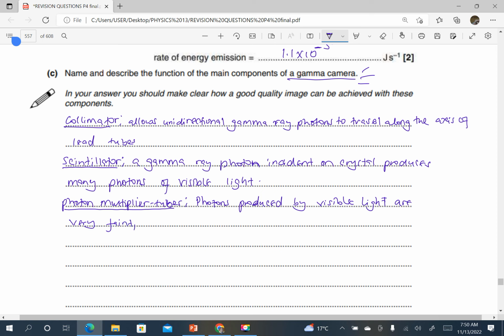They need to be amplified and converted into an electrical signal.